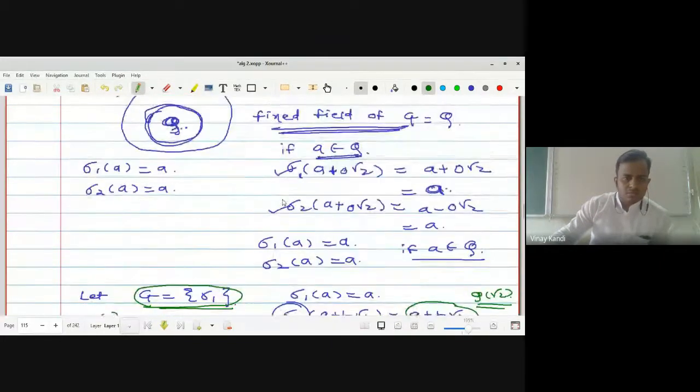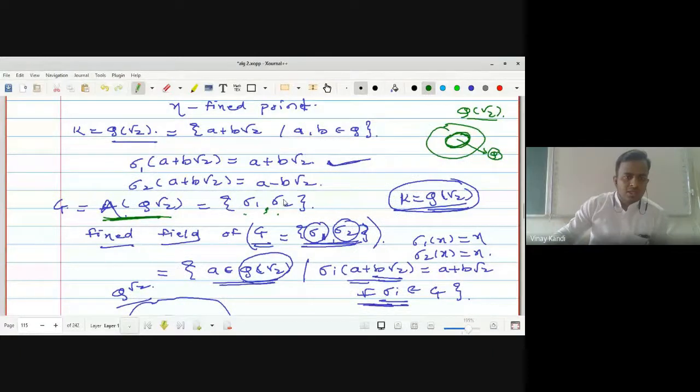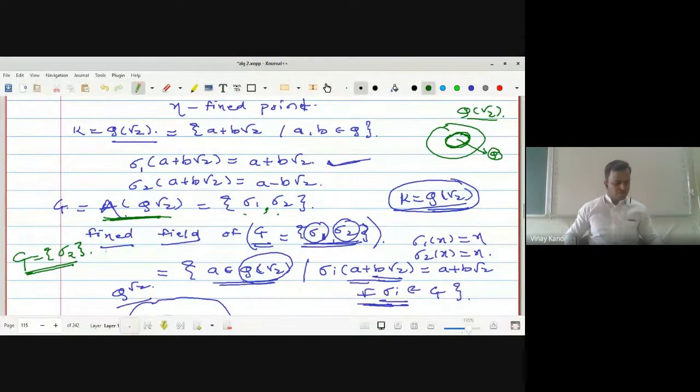Now what is the fixed field for G equal to sigma 2? If you take sigma 2 as a subgroup of the set of all automorphisms, then what is the fixed field of this G?